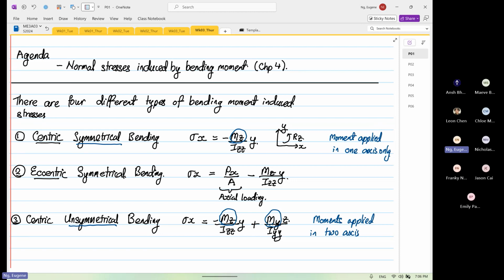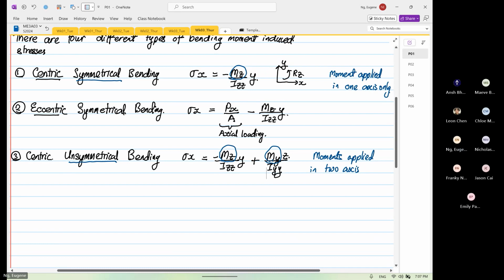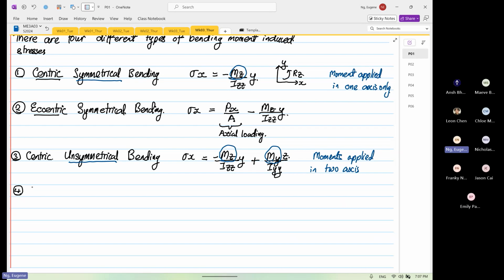And the fourth type, as you can guess, is what we call eccentric unsymmetrical bending. The associated formula is stress in the x direction.